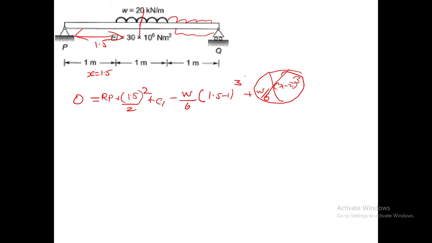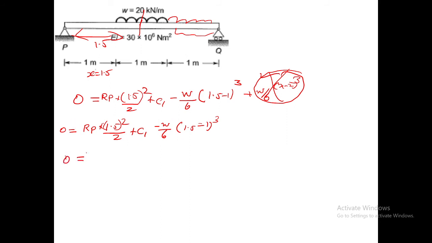So 0 equal to RP into 1.5 whole square divided by 2 plus C1 minus W divided by 6 into (1.5 minus 1) whole cube.